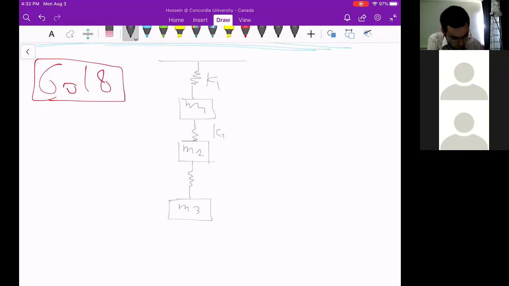The displacement of each mass can be represented by x1, mass 2 by x2, and mass 3 by x3.